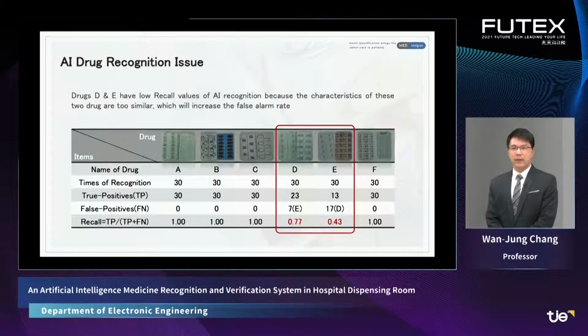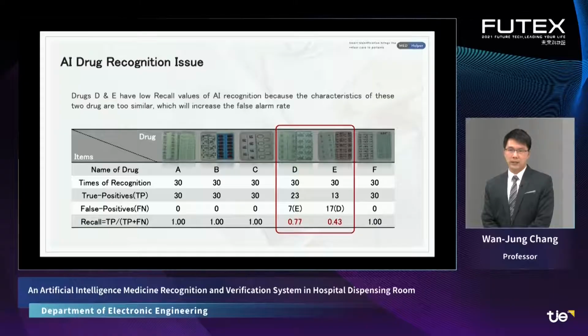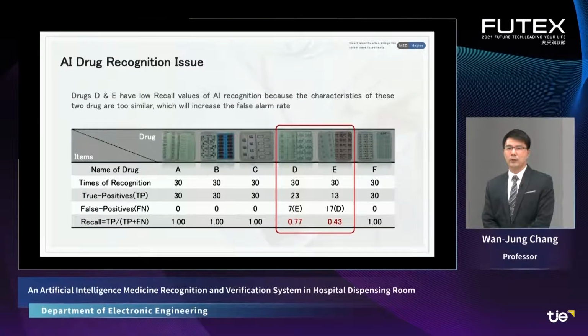Another issue that affects the accuracy of drug identification is the similarity of drugs. For example, as you can see in this table, drugs D and E have lower recall values of AI recognition. This is because the characteristics of these two drugs are too similar, which will increase the false recognition rate.